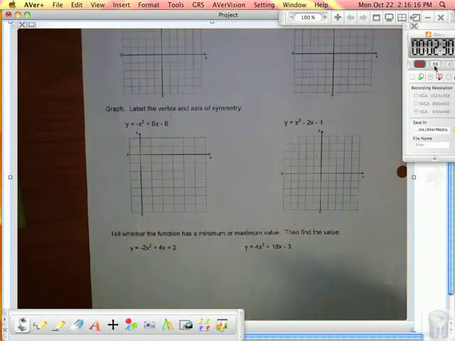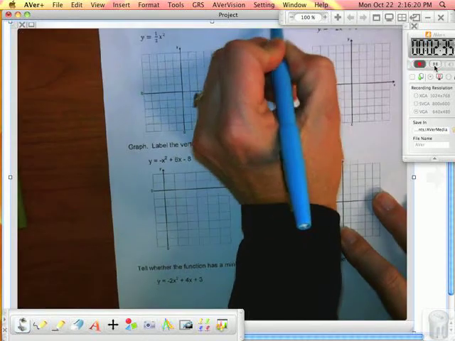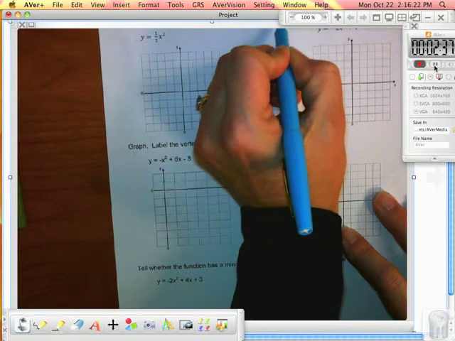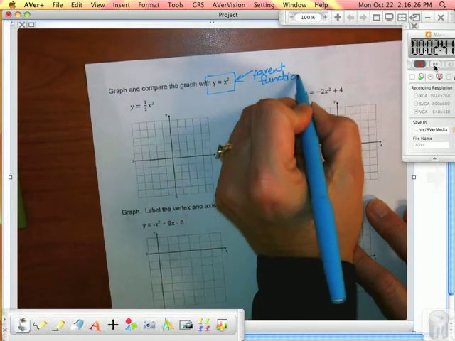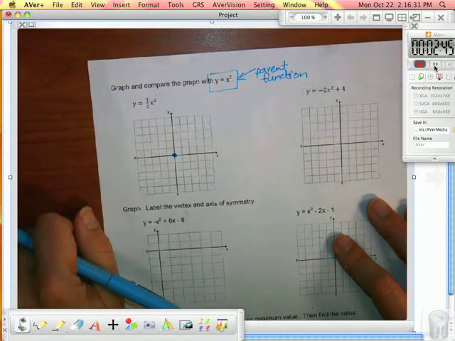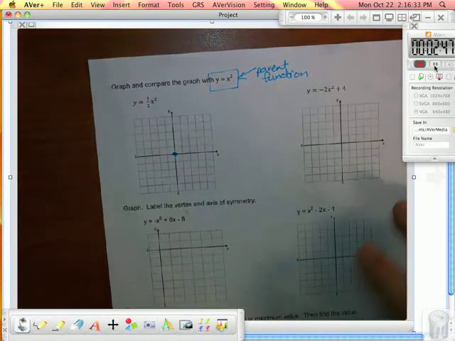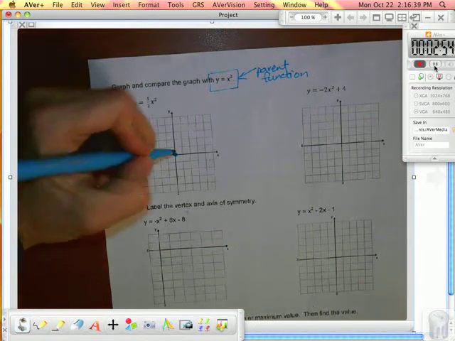So, let's talk about the parent function first. This is the parent function. Now, let's talk about how we can easily sketch the parent function if you just think about it. If I plug in 1 for x, what am I going to get for y? 1 of course. 1, 1. That's an obvious point on the parent function.